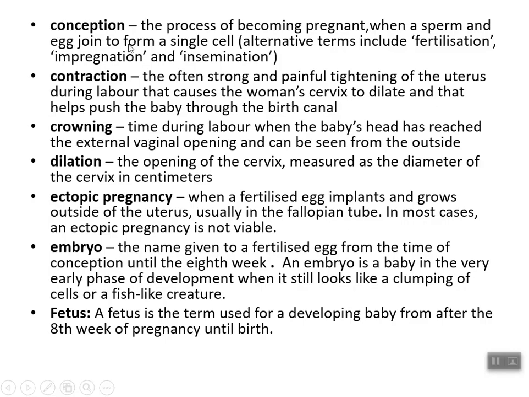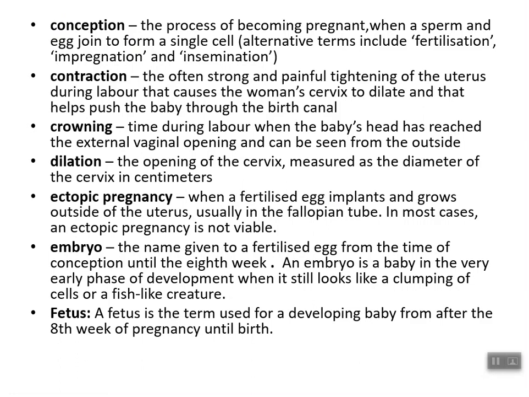Next is conception. Conception means the woman has conceived a pregnancy. For conception, if you remember, two things are needed: the male germ cell, that is the sperm, and the female germ cell, that is the ovum.